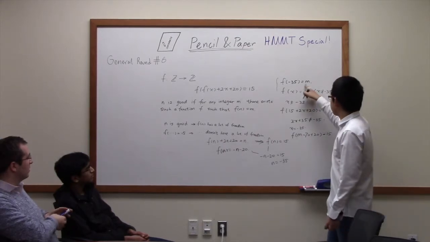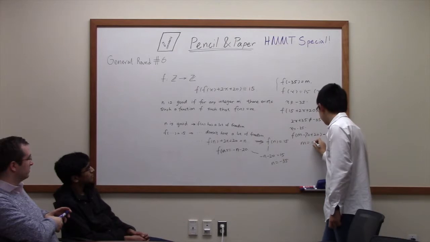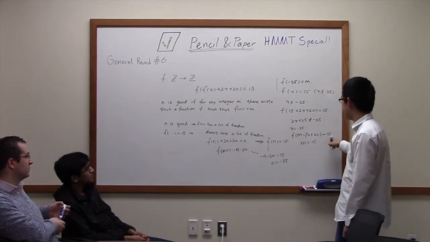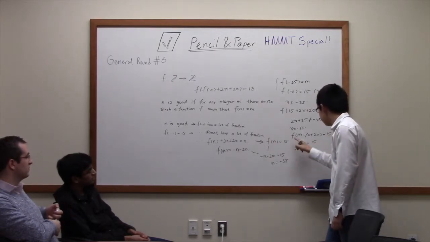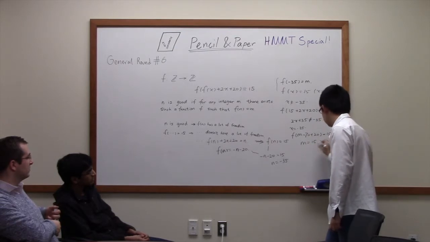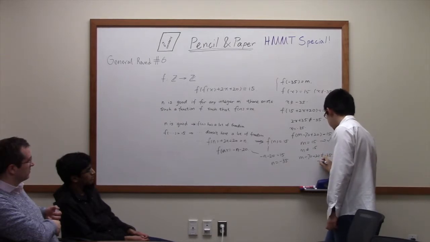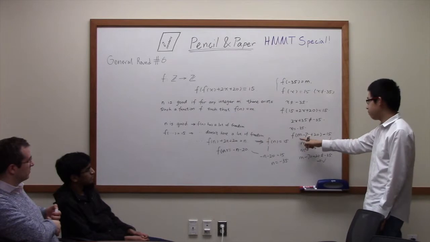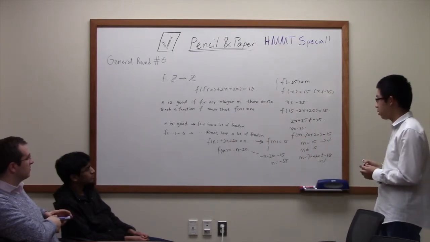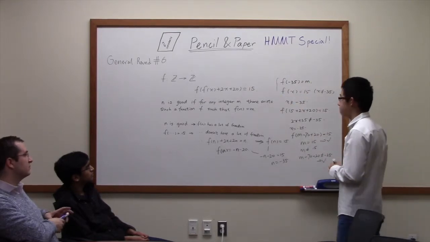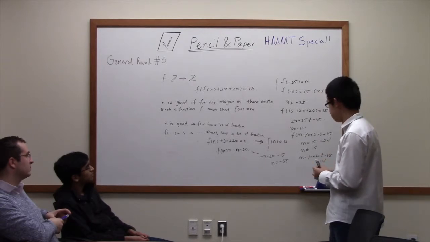If n is equal to 15, then this is f of negative 35, which is n, which is 15. If n is not equal to 15, then we see that n minus 17 plus 20 is not equal to negative 35, which means this thing still has to be 15. So now we show that for any n, we construct a function that satisfies this property. So negative 35 is actually good. So we're done.